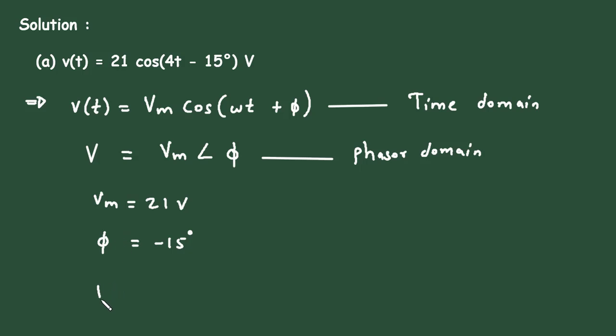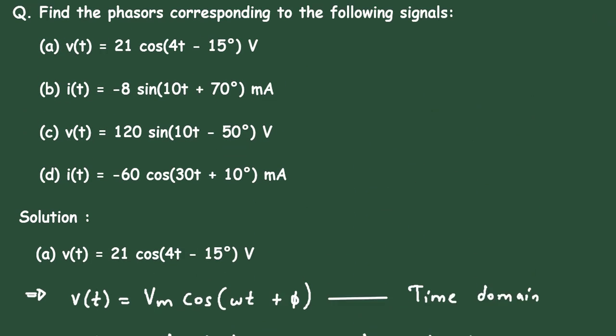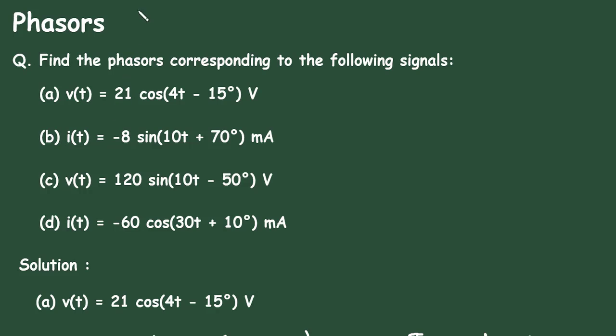So in phasor form this will be capital V equal to Vm at an angle phi, that means 21 at an angle minus 15 degrees, and since it is a voltage signal, its unit will be volts. So this is the answer in phasor domain form for this signal. Now we will solve problem B.